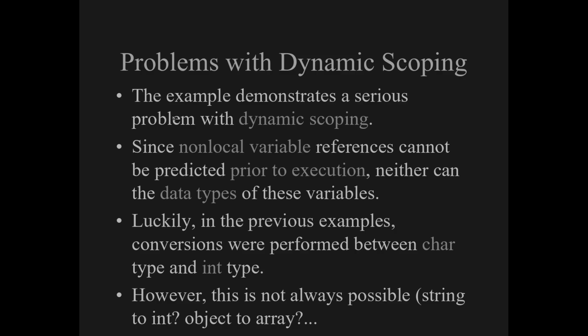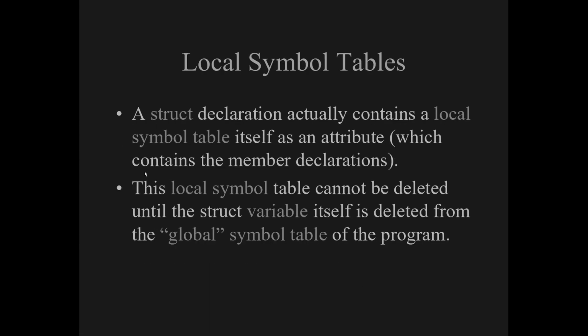But anyways, the example demonstrates a serious problem with dynamic scoping, since non-local variable references cannot be predicted prior to execution, neither can the data types of the variables. Luckily, in the previous examples, conversions were performed between character and int. However, this is not always possible. So dynamic scoping has some problems in that incompatible data types can be operated on together, which can cause problems, obviously.